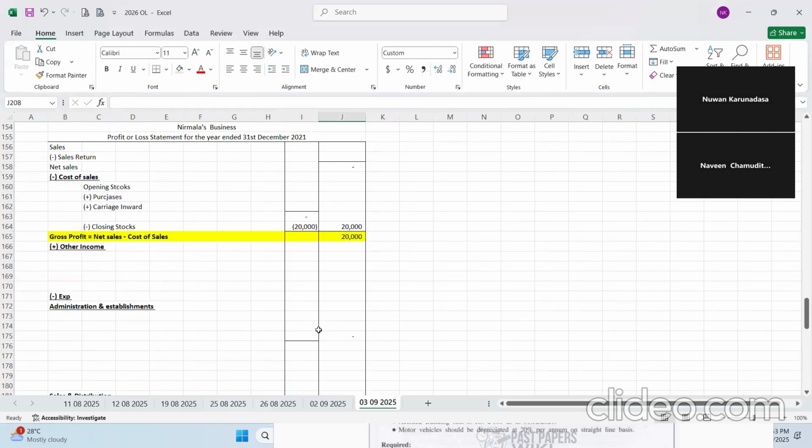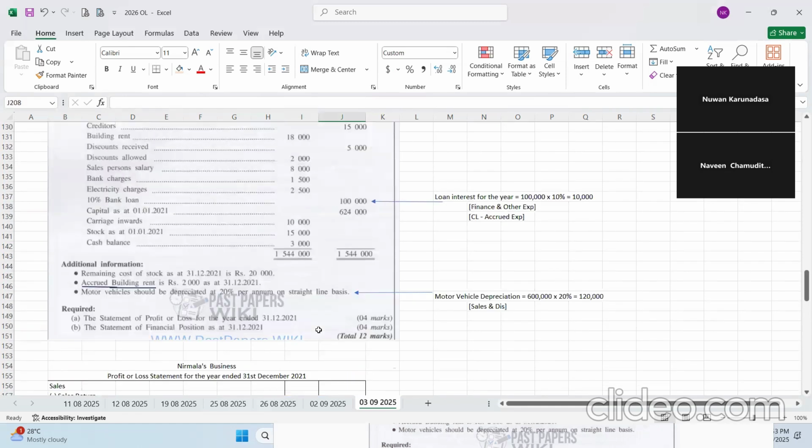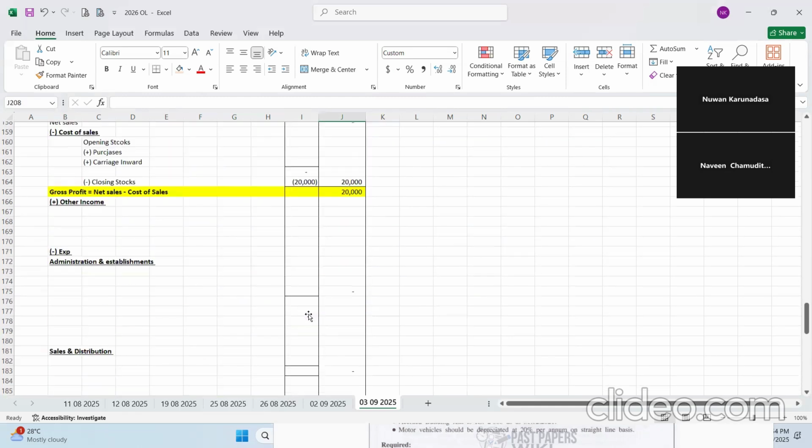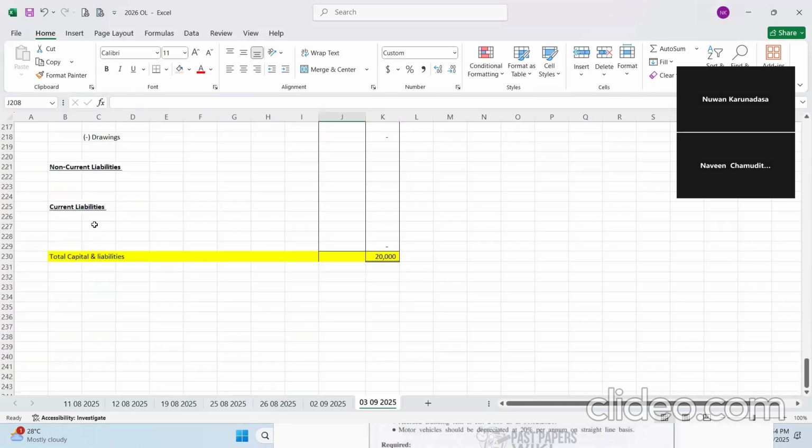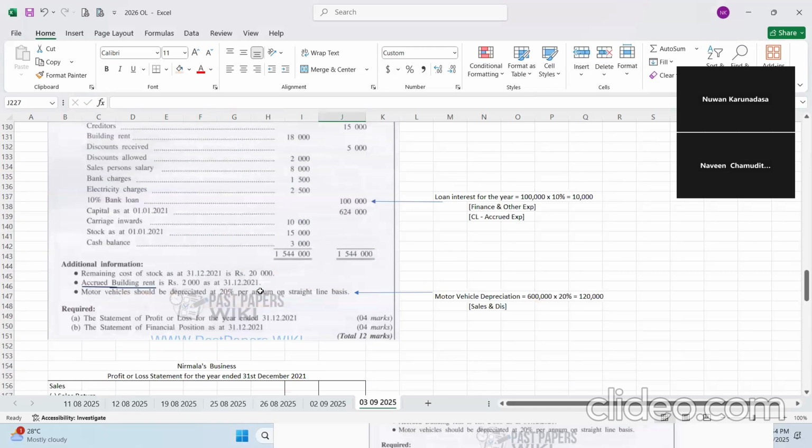Then the second adjustment, accrued building rent 2,000 as at 31st December 2021. Accrued means unpaid. It's a current liability. Accrued building rent 2,000. How much of the building rent have you paid? Paid only 18,000, unpaid 2,000.